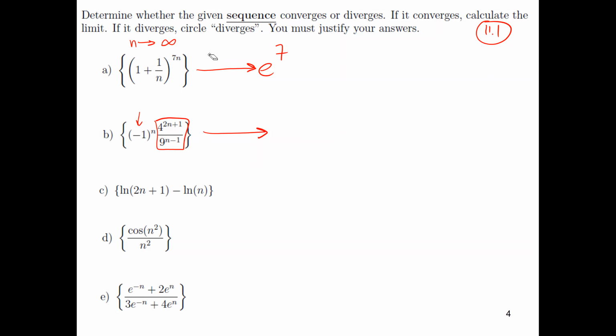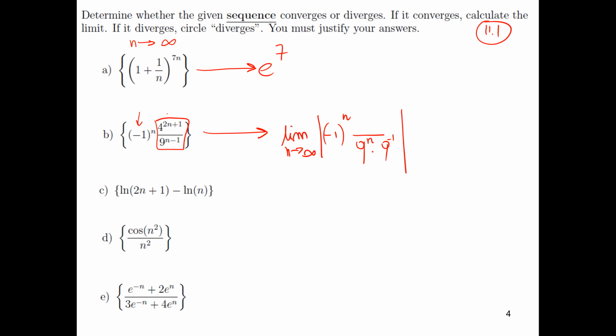And I can write this as a limit of the absolute value. This is 9 to the n and 9 to the -1. That's okay, that's just the coefficient.